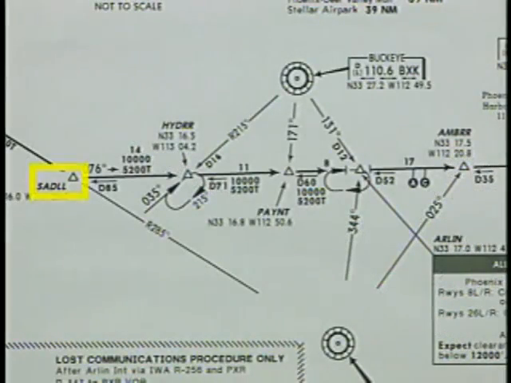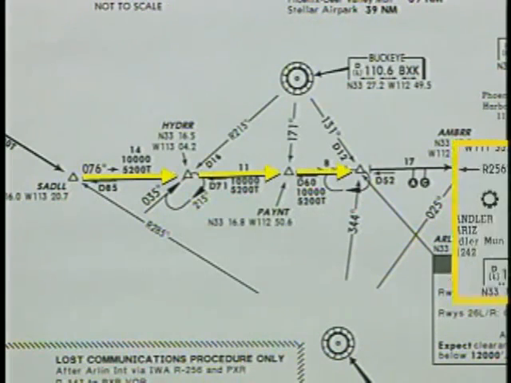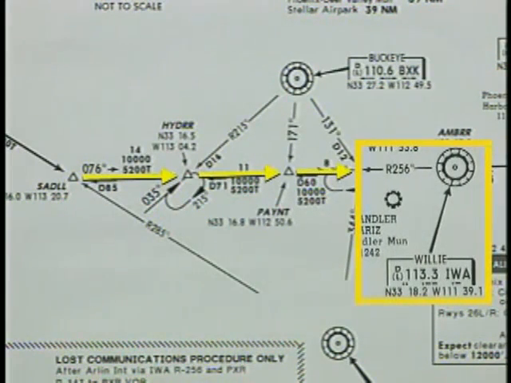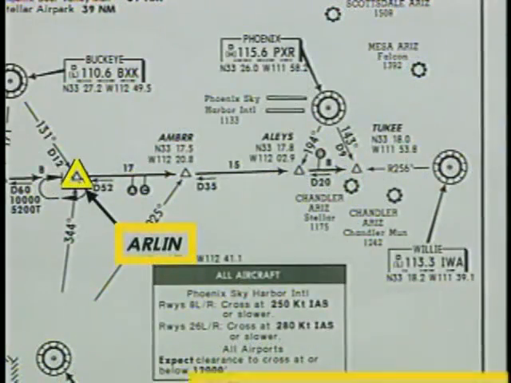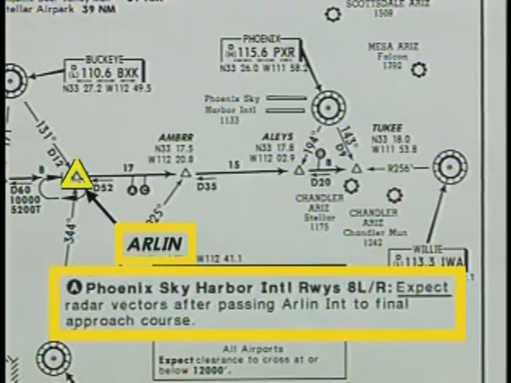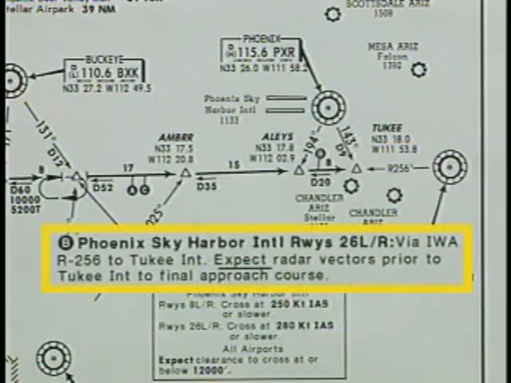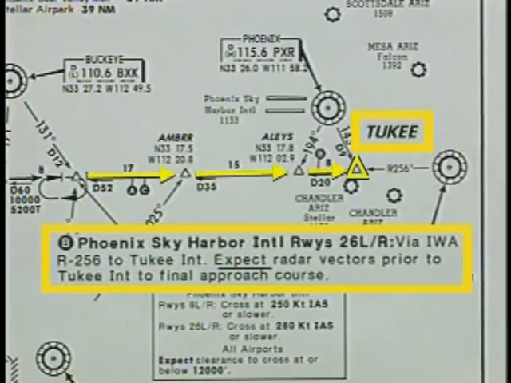When you reach Saddle intersection, you'll turn east and proceed inbound on the 256-degree radial of the Willie VOR. From over Arlen, you can expect radar vectors to the final approach course if runway 8 is in use. If runway 26 is being used, you should expect radar vectors prior to reaching Tukey intersection.